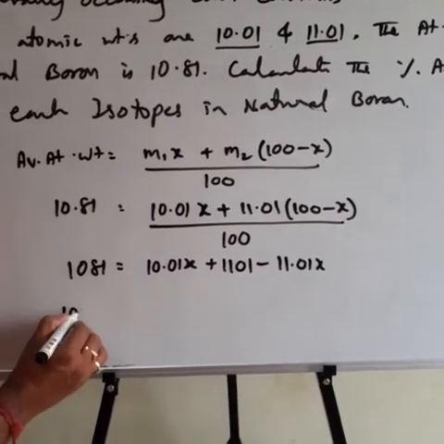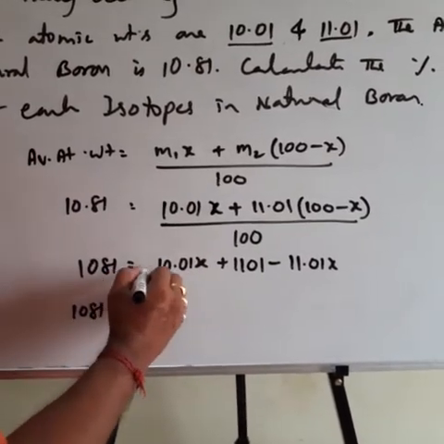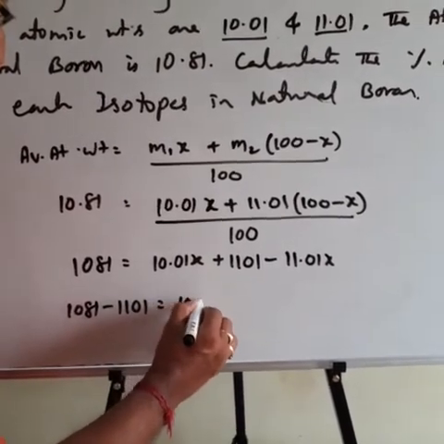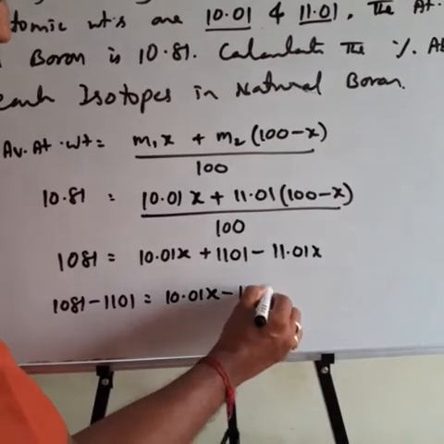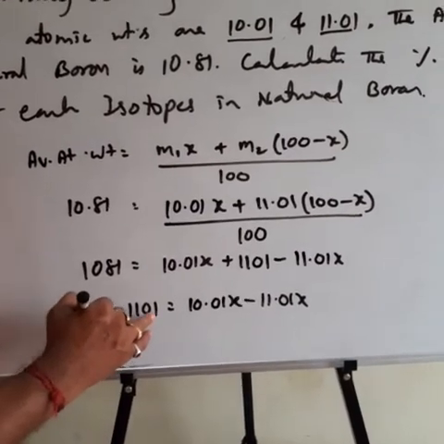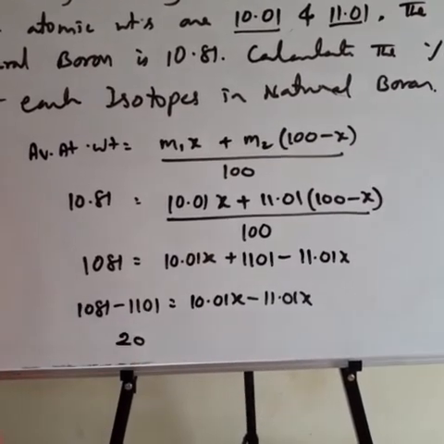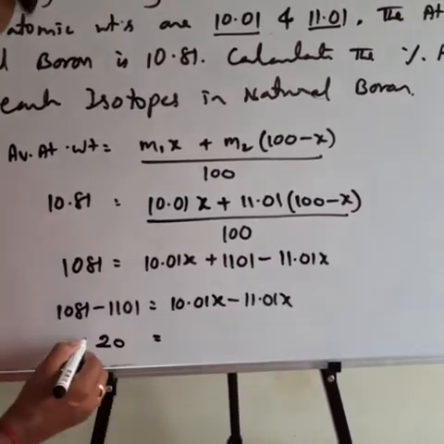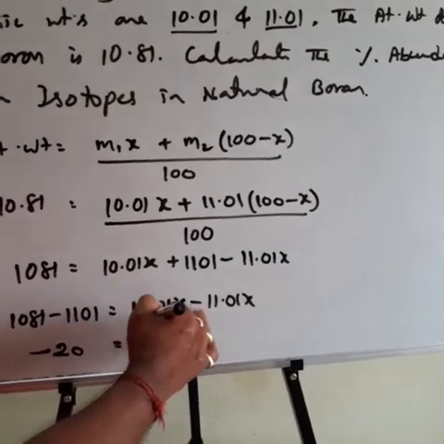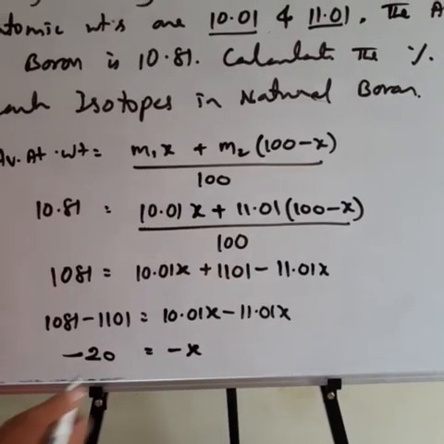Then what do we get? 1081 minus 1101 is equal to 10.01x minus 11.01x. The difference on the left is 20, minus 20, because the bigger value is subtracted. On the right, 10.01x minus 11.01x gives minus x.